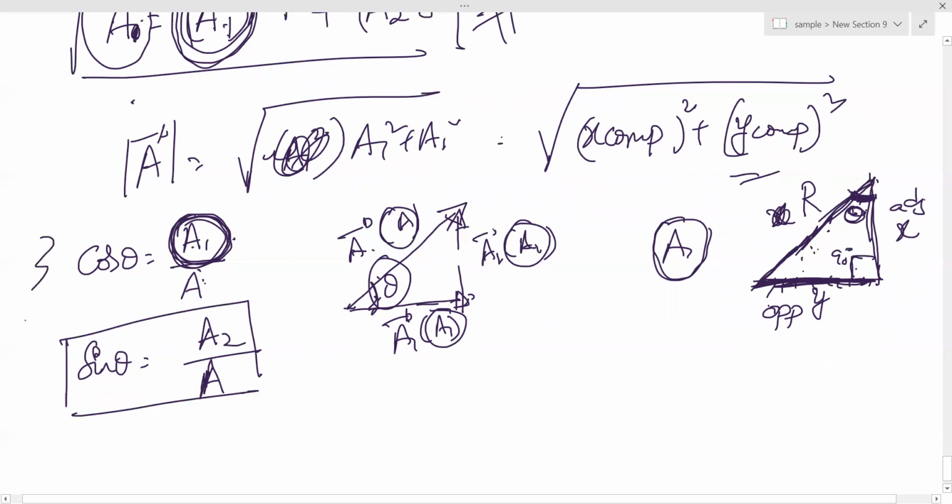Whatever it may be, you carefully remember sin theta and cos theta from this diagram. I oppose that method because you did not tell me properly what sin theta and cos theta are. So what is cos theta from this diagram?